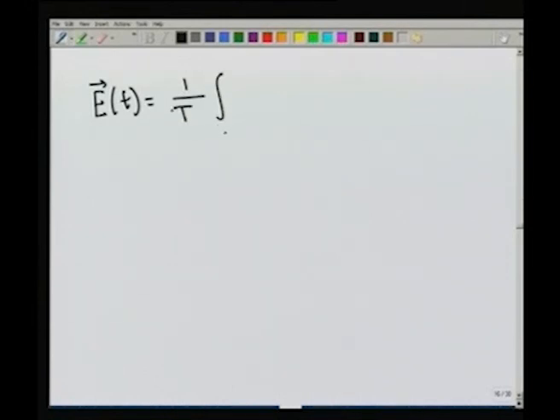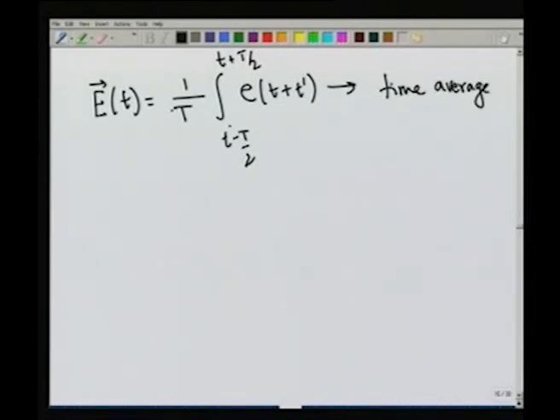I average over an interval t minus t by 2 to t plus t by 2 of E of t plus t prime. So, this gives me the time average. My previous expression gave me the space average. This gives me the time average.